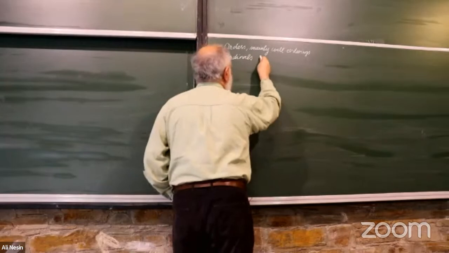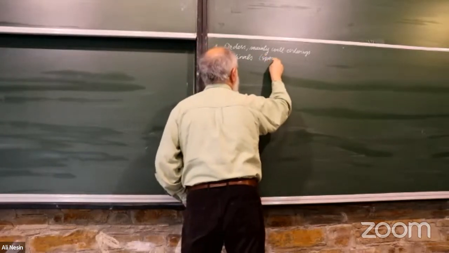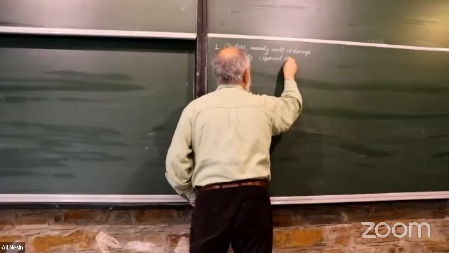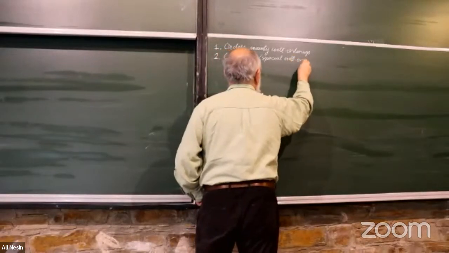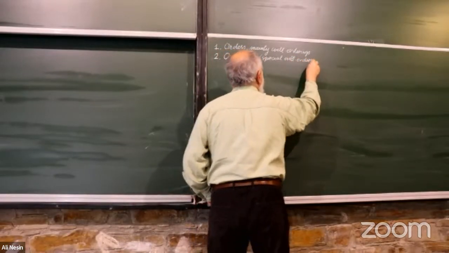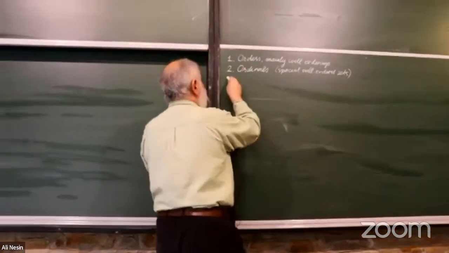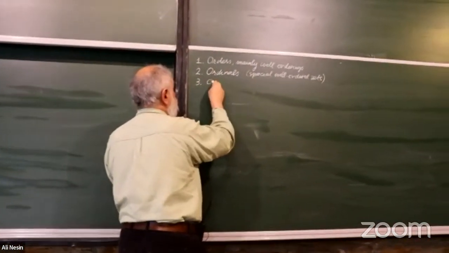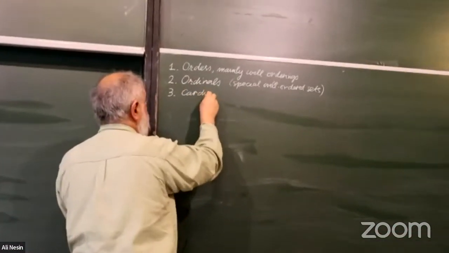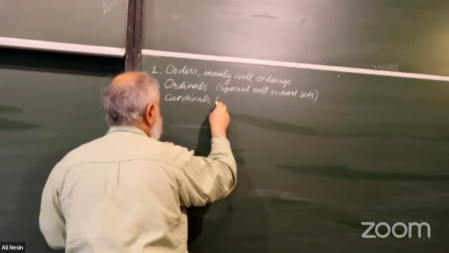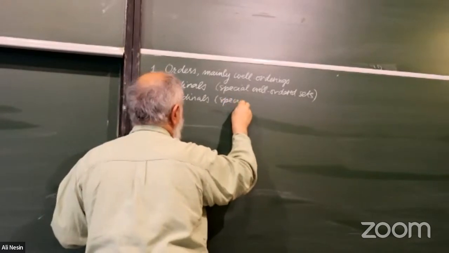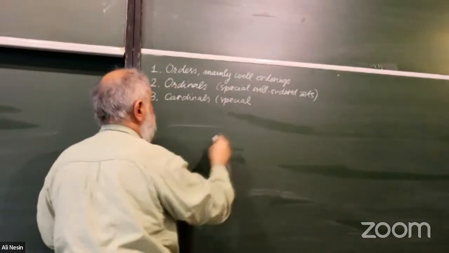These are special well-ordered sets. And then cardinals. These are special ordinals.